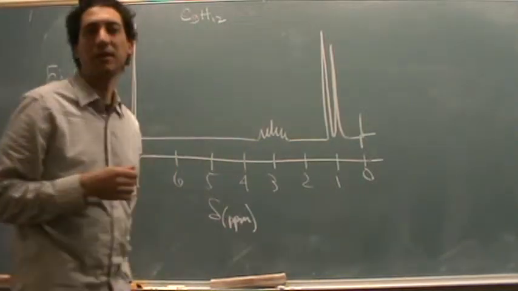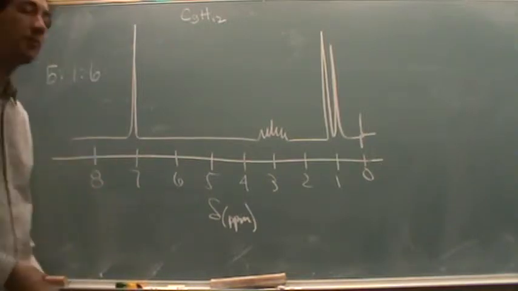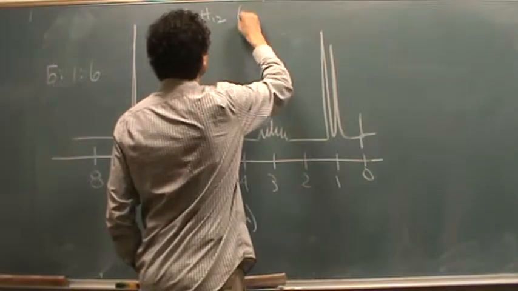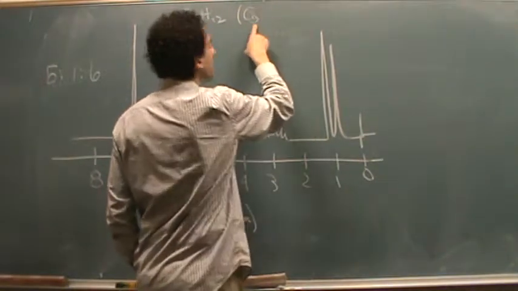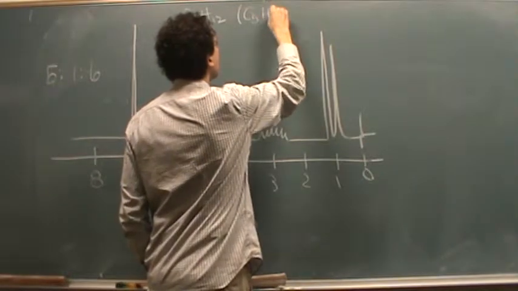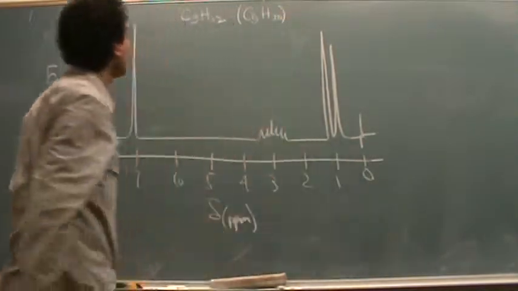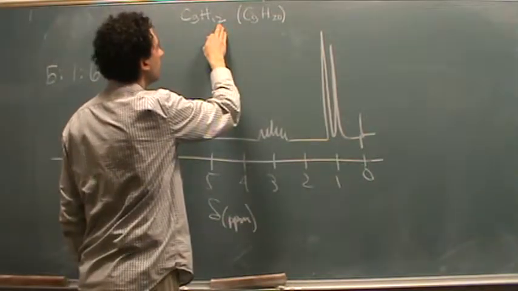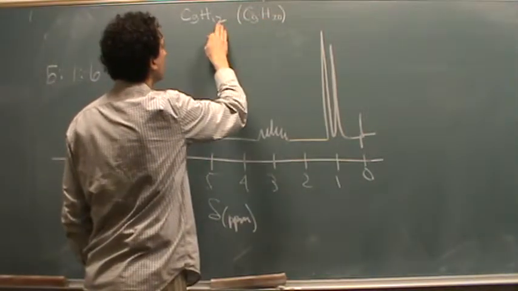We can calculate the degrees of unsaturation, which you can see in some of my other videos if you don't know how to do. But if this was fully saturated, it would be C9. 9 times 2 is 18, plus 2 is 20. C9H20 would be fully saturated, and so let's see, how short are we?